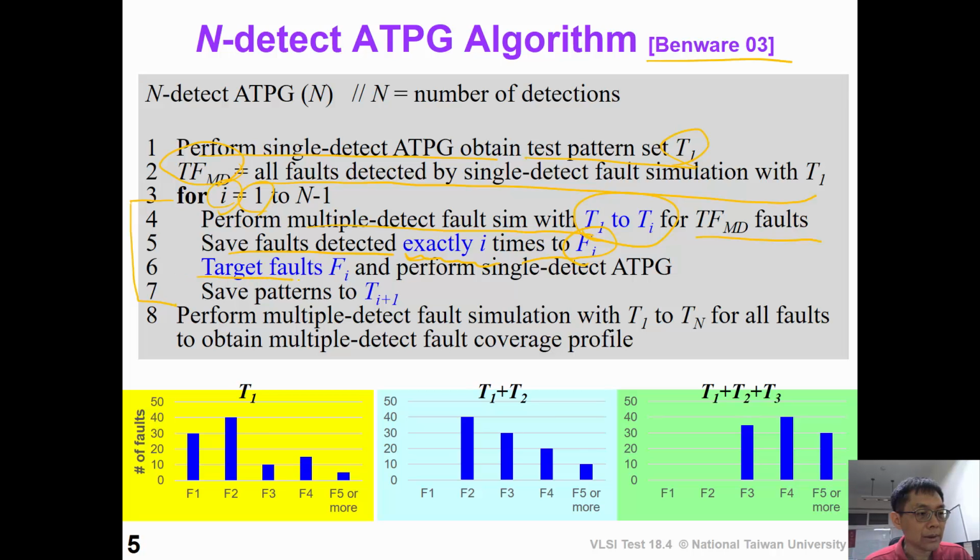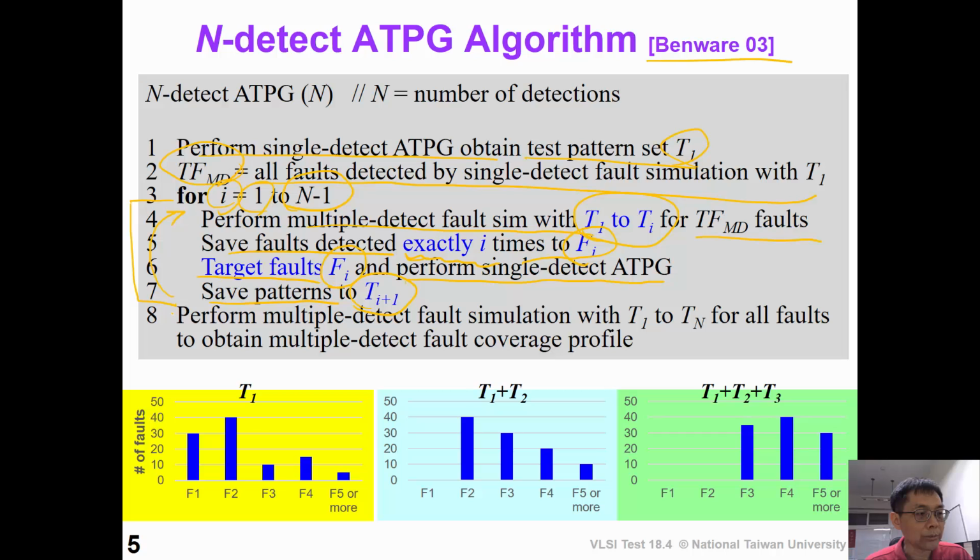And in this iteration, we target fault list Fi and perform single detect ATPG. And we save the patterns to Ti+1. This is one iteration. And then we continue to the next i until we generate N-detect test set.